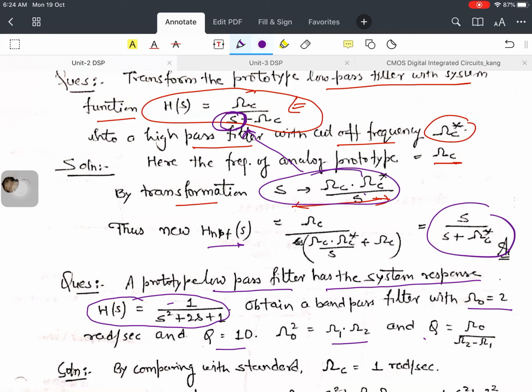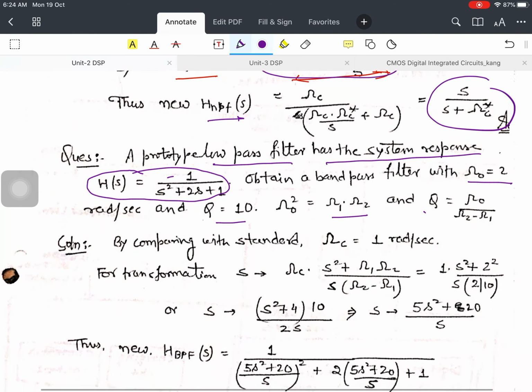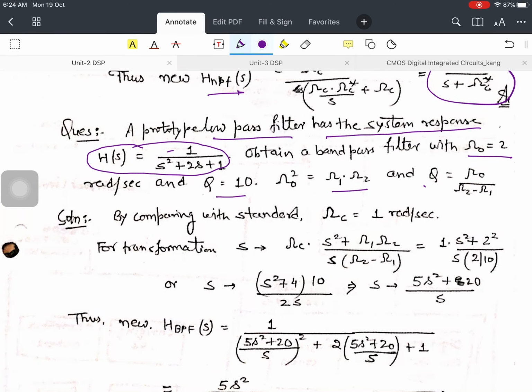So we have to find, firstly, the cutoff frequency Ωc. For calculating Ωc, you have to compare with the standard function. So when you compare the equation H(s) with the standard one, we get Ωc equal to 1 radian per second.